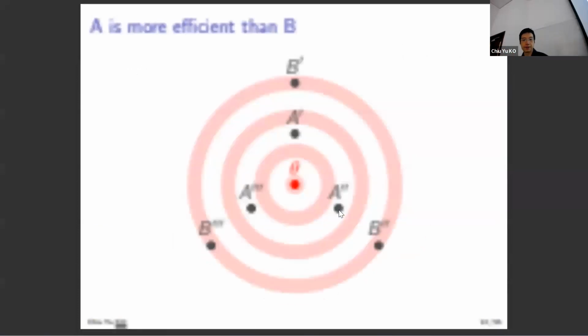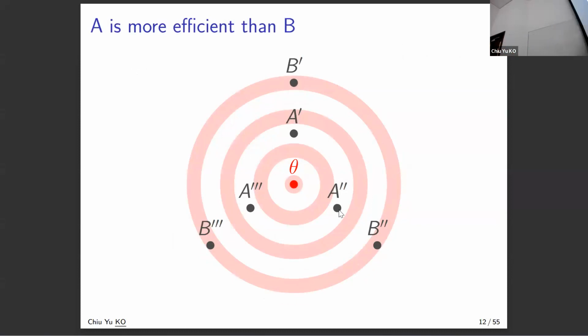So you can see we have method A and method B. Method A doesn't hit the target, and B doesn't either, but on average A and B hit the target. And A is closer to the center than B, in terms of variance, because variance measures distance. So that means A is better.